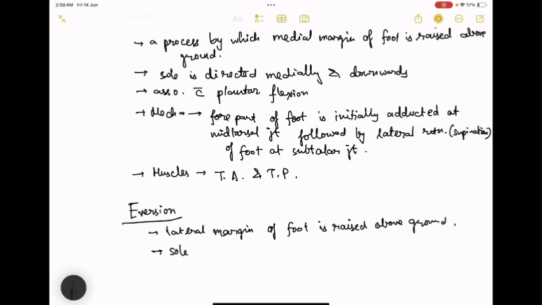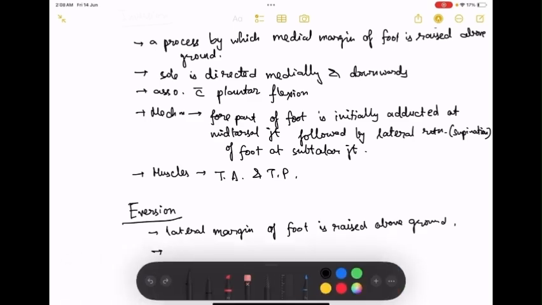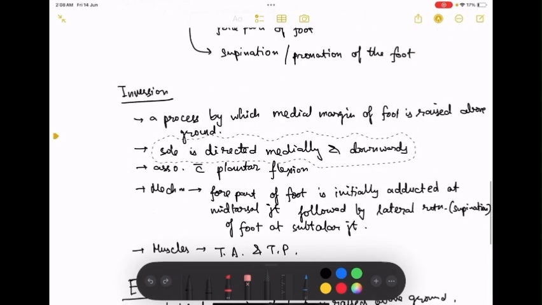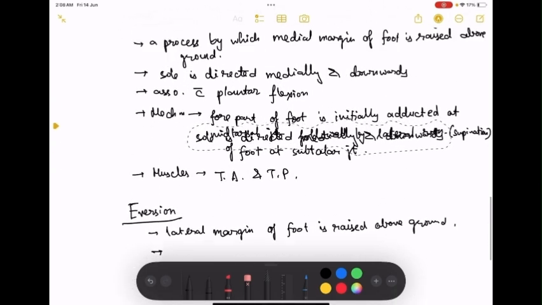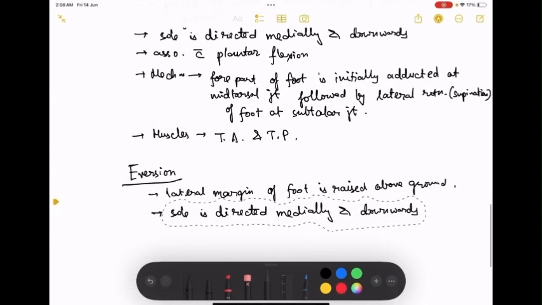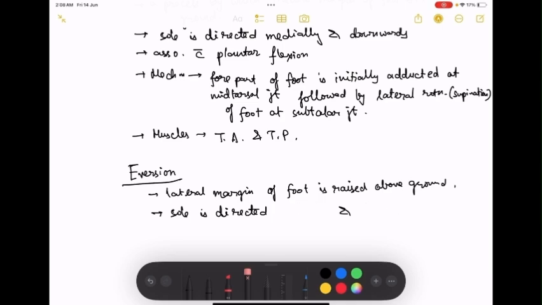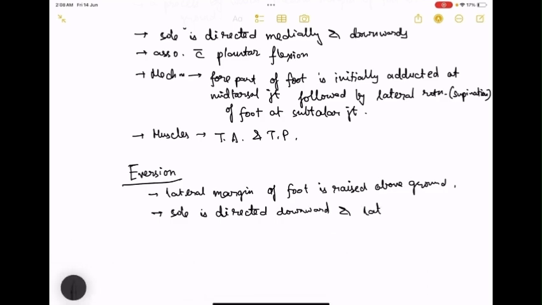Sole is directed downwards and laterally, associated with dorsiflexion.